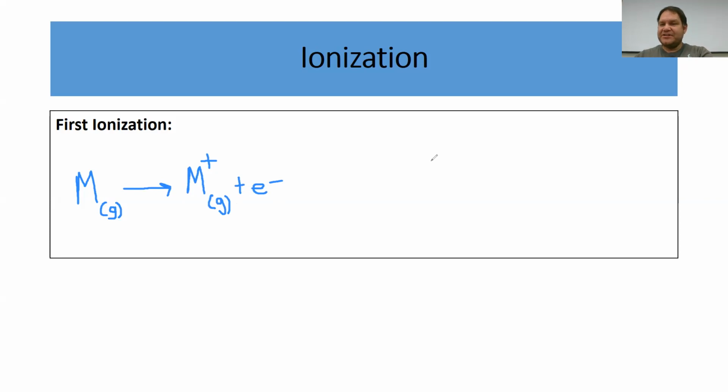If I wanted to use a real case study, let's use magnesium. It's a metal. It has to be in that gas state, right? And it undergoes the process, that's the arrow, of ionization, and it loses one electron, so it becomes positively charged, or positive one charged, right?